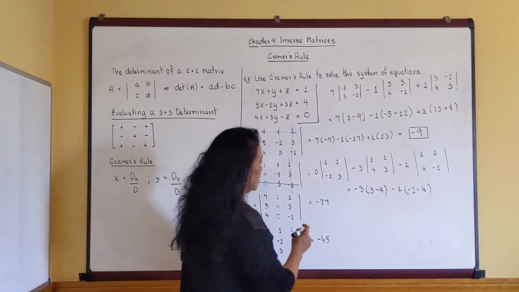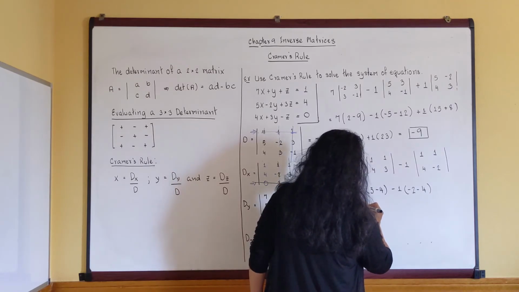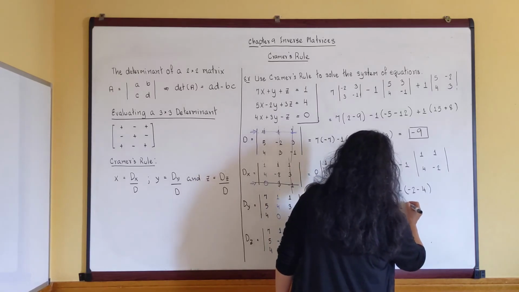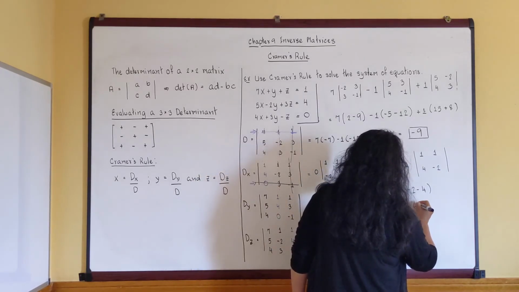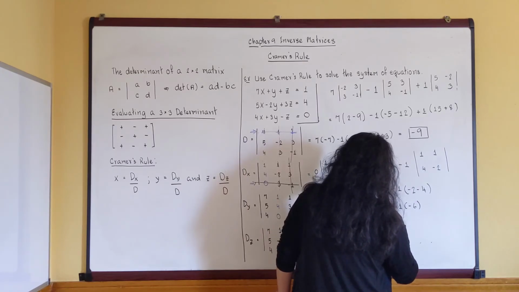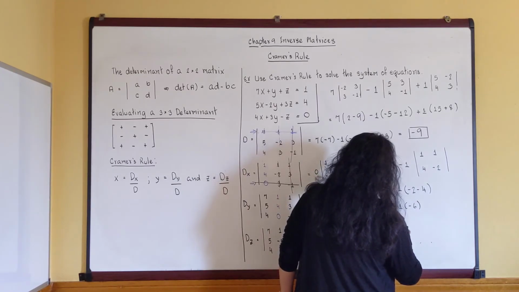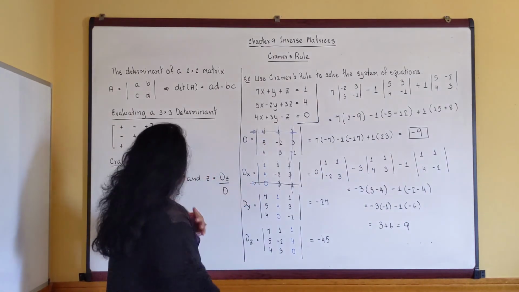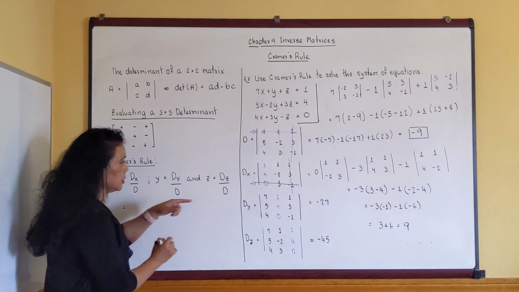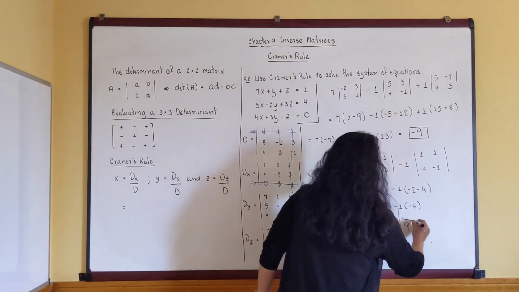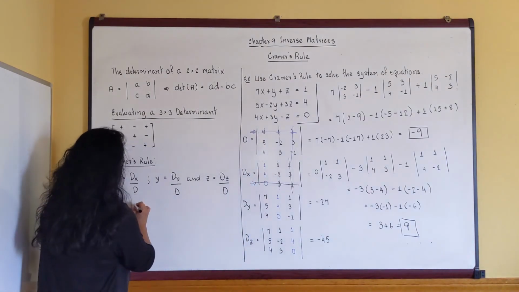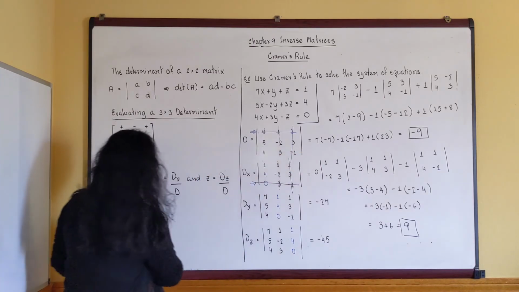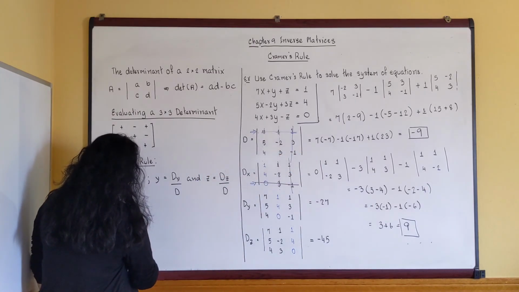This one I'm going to have negative 3 times negative 1, minus 1 times negative 6, which is 3 plus 6, which is 9. So my dx is 9. To get my x, dx, which is 9, divided by d, which is negative 9. So my x is negative 1.